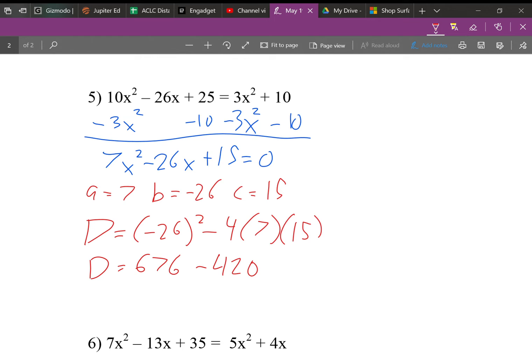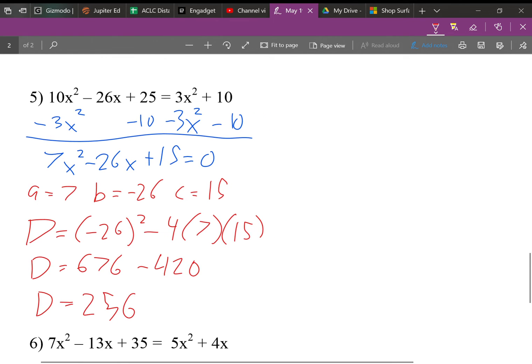And when I put those two things together, I end up with D equals 256. Alright, now since the discriminant is positive, we expect there to be two answers. So let's go ahead and find those two answers.